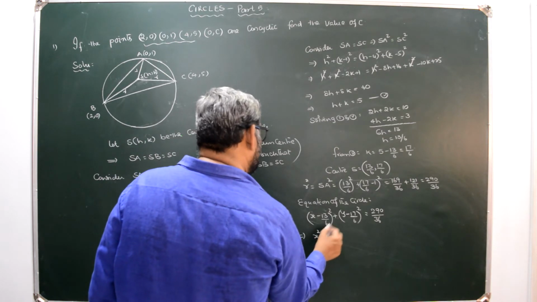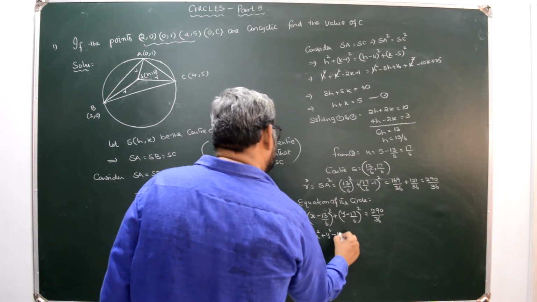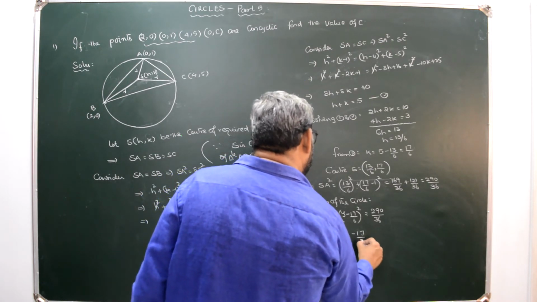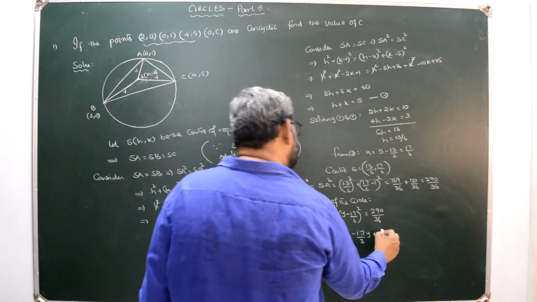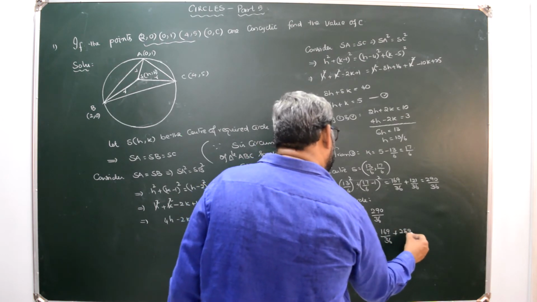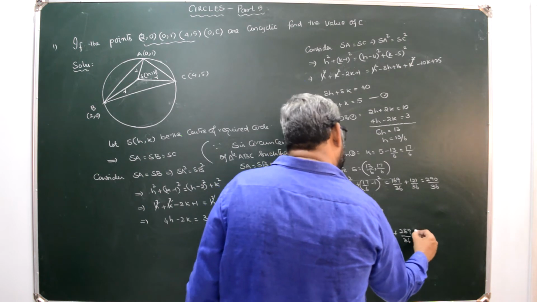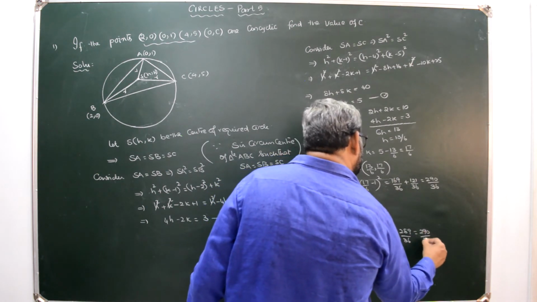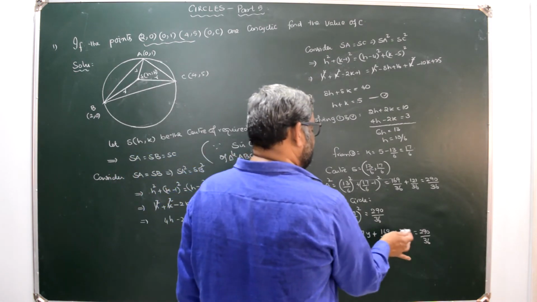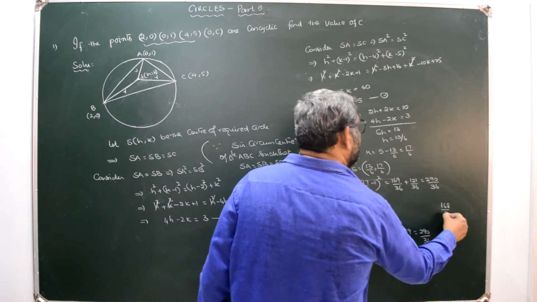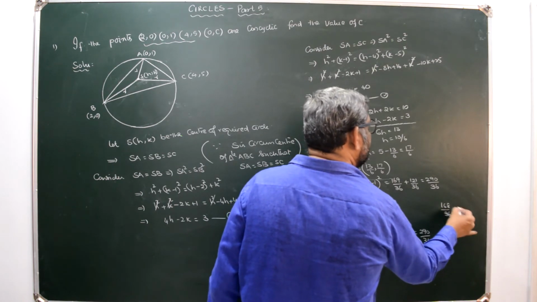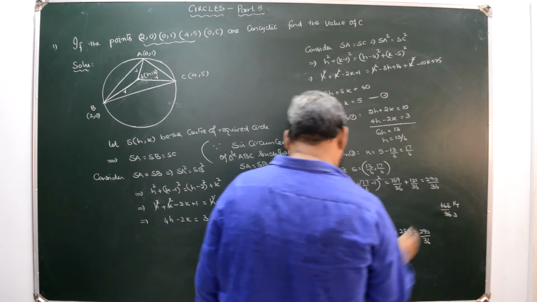This is x square plus y square minus 13 by 3 into x minus 17 by 3 into y plus 169 by 36 plus 289 by 36 is equal to 290 by 36. Now 289 means this is minus 1, so 168 by 36. 12 threes are 36, 12 fours are 48, so this is 14 by 3.